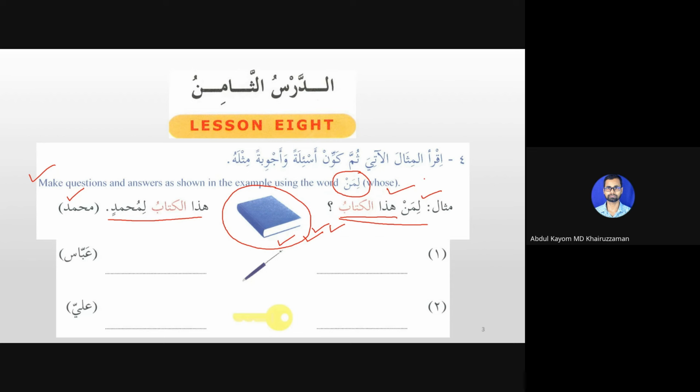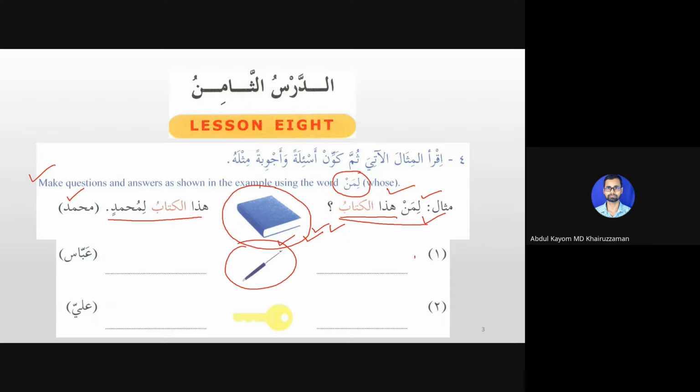Now can you tell me? This is a picture of a pen. So first make a question on this pattern. لمن هذا القلم؟ Liman hadal qalam, right?